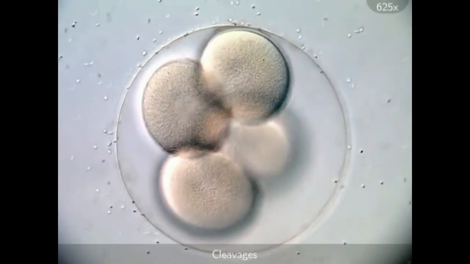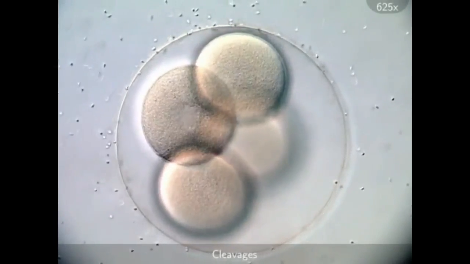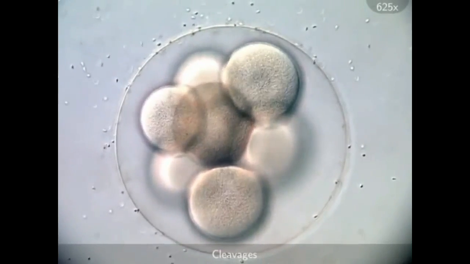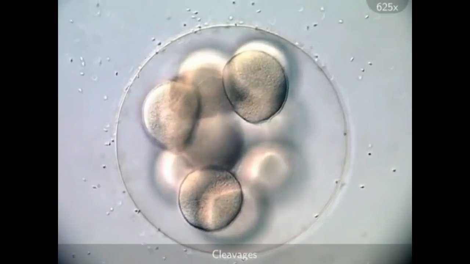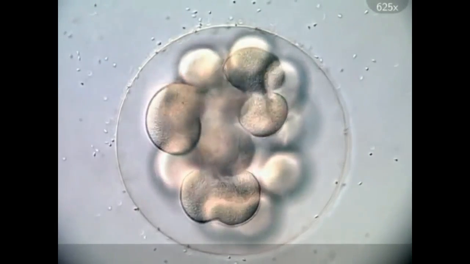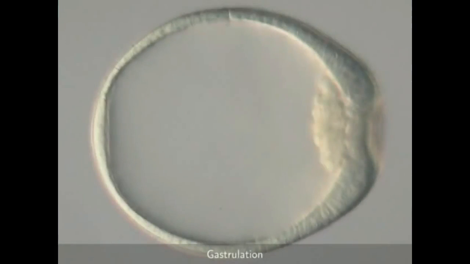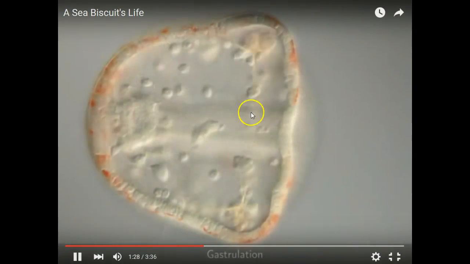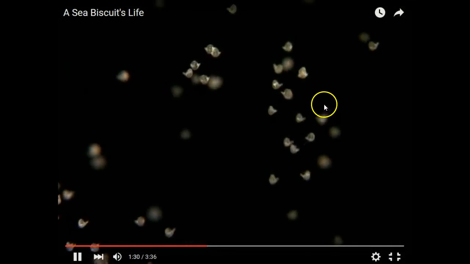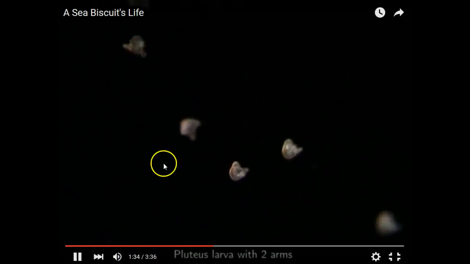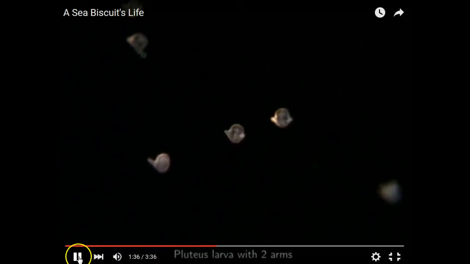And this is sped up obviously a lot. All right, so from 4 to 8 celled, 16 to 32 cells, that is something known as a morula stage. But once it becomes open like this, it's a blastula, and it pushes in and becomes a gastrula. And then they are free swimming until they find a place to kind of go and be safe.